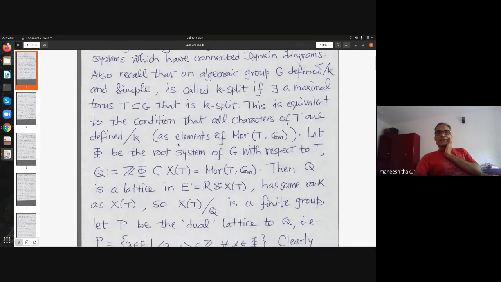So we know that the root systems are classified. So simple groups correspond to irreducible reduced root systems.